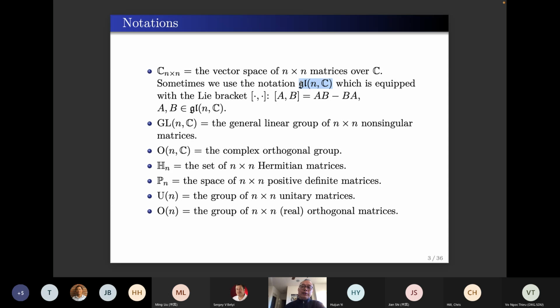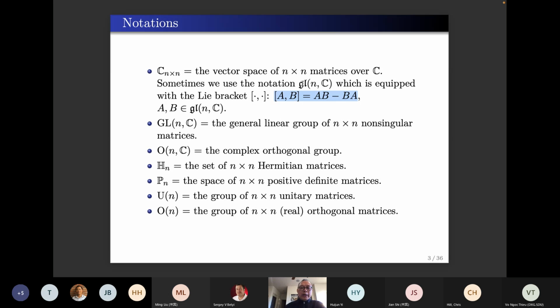Whenever I use gl_n(C), that is the bracket operation, the Lie bracket. This is well known. The bracket of A, B is AB minus BA, where A and B are n by n complex matrices.